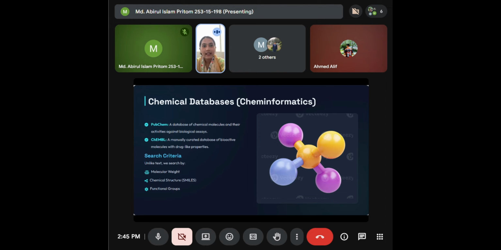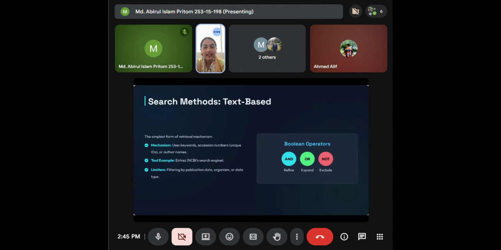Finally, let's discuss text-based search methods. This is the simplest and most common way to find information in biological or chemical databases. In this method, we use keywords, accession numbers, or author names to retrieve data. For example, if we type a gene name in NCBI or PubMed, we get all the related information and research papers.